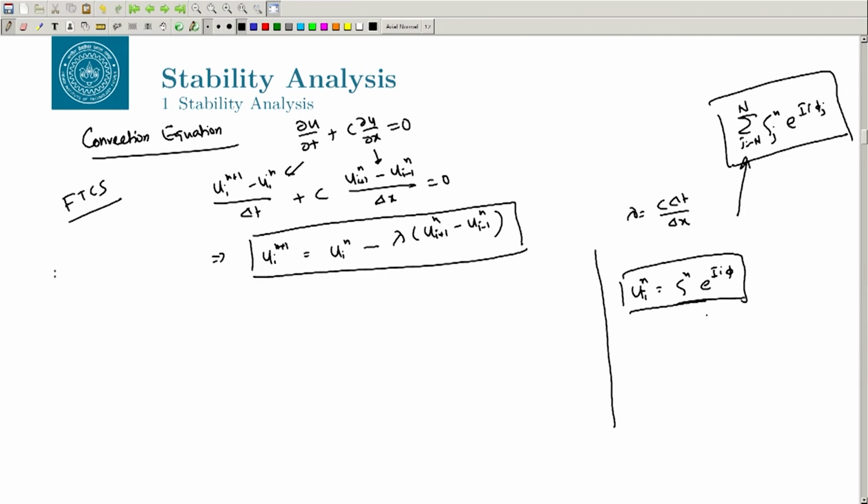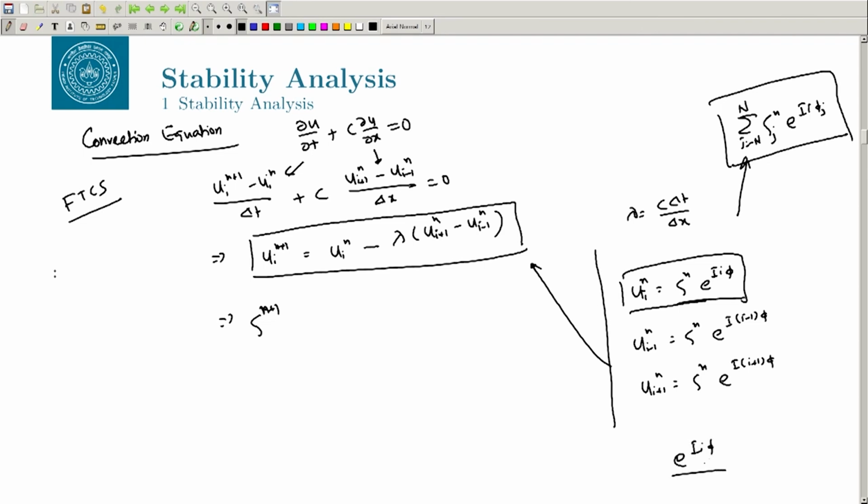Okay. And u i minus 1 n equal to g to the power n e to the power i minus 1 phi, and u i plus 1 n will be g to the power n, this is not an implicit scheme, e to the power i plus 1 phi. Okay, put all these things here, and this will become g to the power n plus 1. Again, you can take this e to the power i phi common.